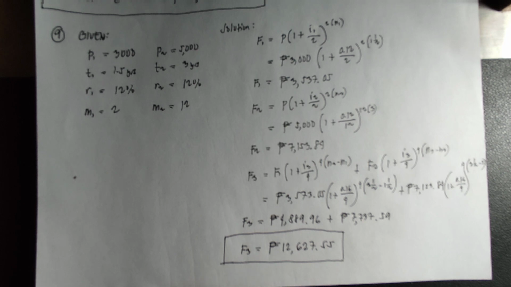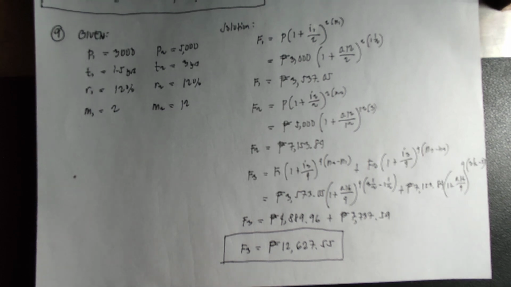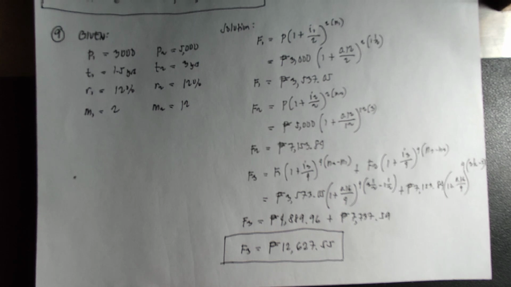Then substitute the values, we will get 3,000 pesos multiplied to the quantity of 1 plus 0.12 over 2 raised to 2 times 1 over 2, or 1/2. Then our F sub 1 will be 3,573.05 pesos.